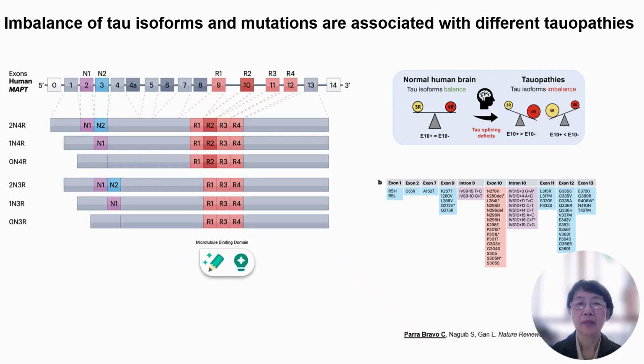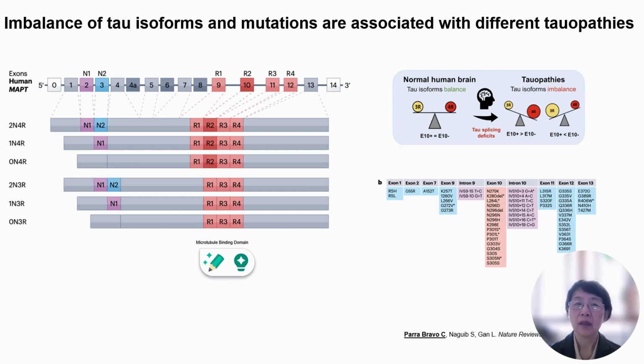Tau is encoded by the MAPT gene on chromosome 17. The pre-mRNA undergoes alternative splicing of exons 2, 3, and 10, producing 6 isoforms. Alternative splicing of exon 10 produces either 3R tau or 4R tau. Alternative splicing of exons 2 and 3 generates 0N, 1N, and 2N tau.